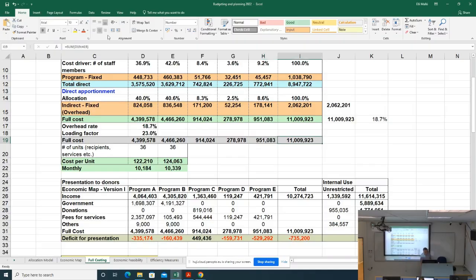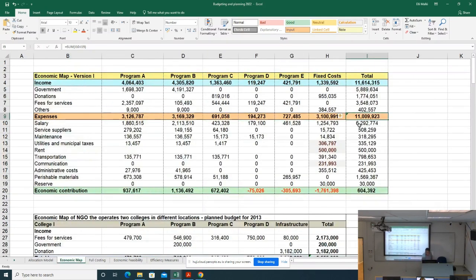And then, again, my checkpoint is to sum all these figures and make sure that the total cost of all the programs, 11,009, is identical to the total cost that I had before in the economic map, 11,009.